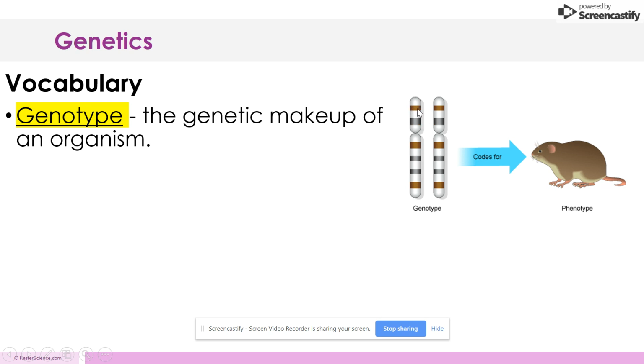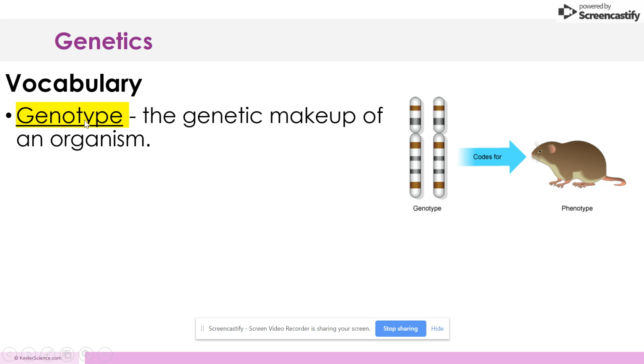These top two brown sections are, I'm assuming, coding for the same gene. This gray section here is coding for the same gene, and so on and so forth. So your genotype, and this is an example here, tells you what type of genes you have.